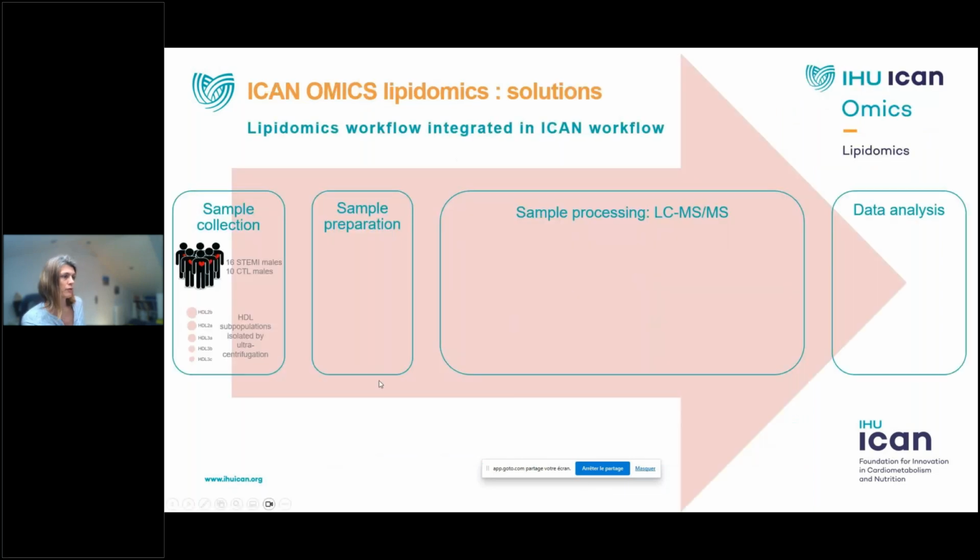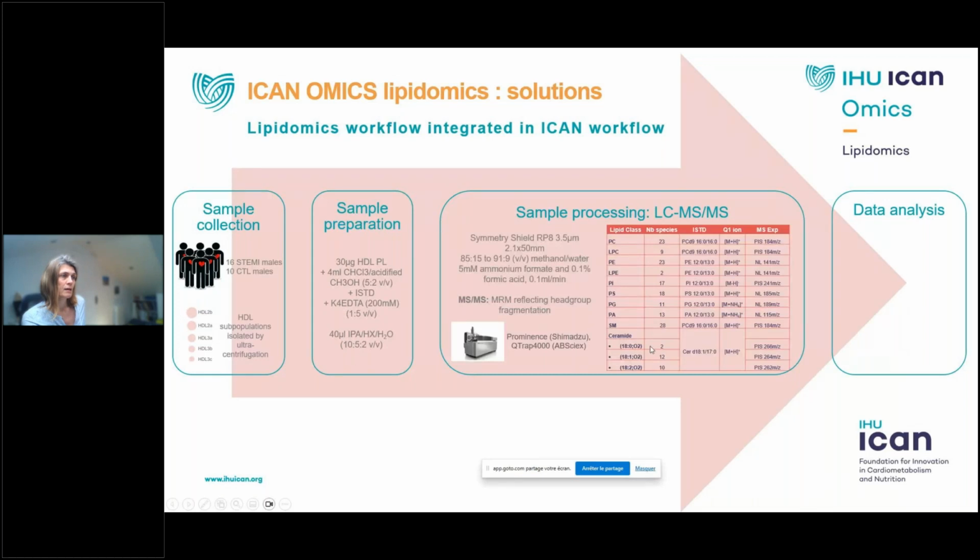So the pipeline for this study, as I said before: we collected the samples of these patients and isolated the HDL subpopulations. Lipids were extracted using a modified Folch method, where we extracted 30 micrograms of phospholipids in each HDL subpopulation. Then the LC-MS was run on a QTRAP 4000, using the former method we developed in the lab, but we have updated it since then.